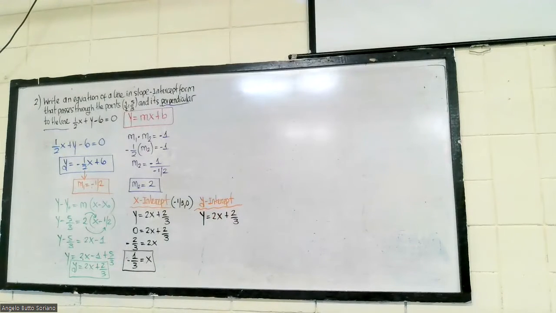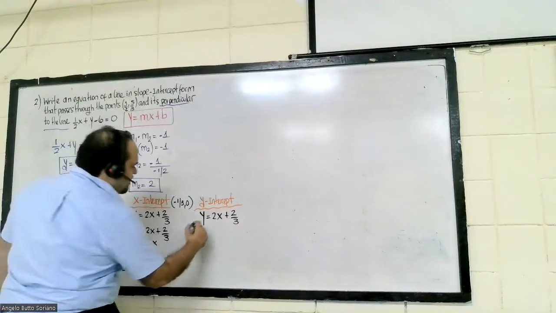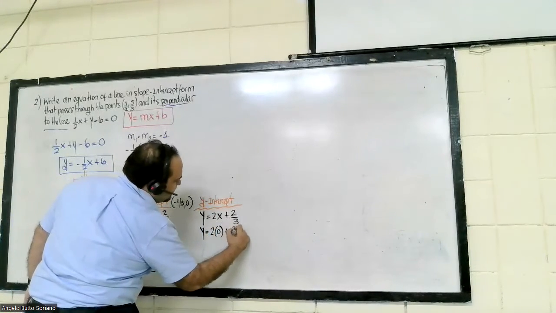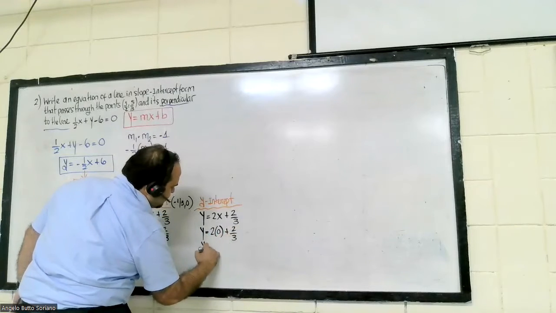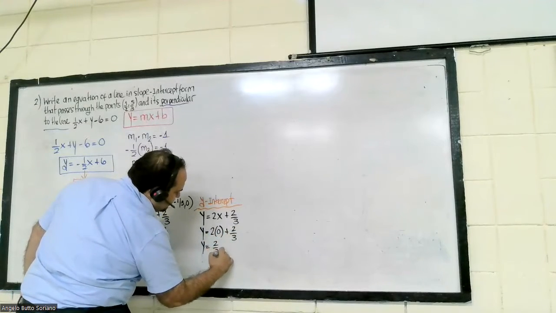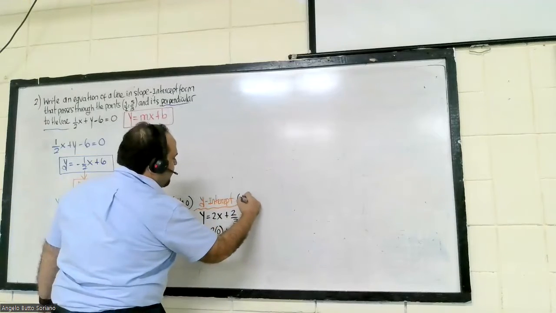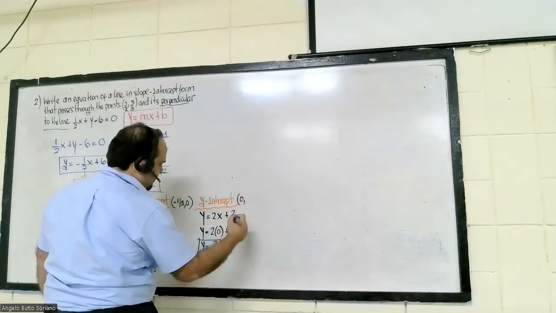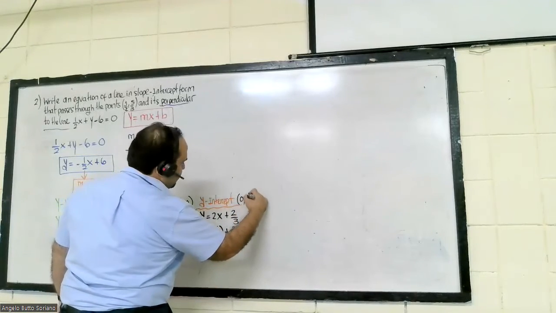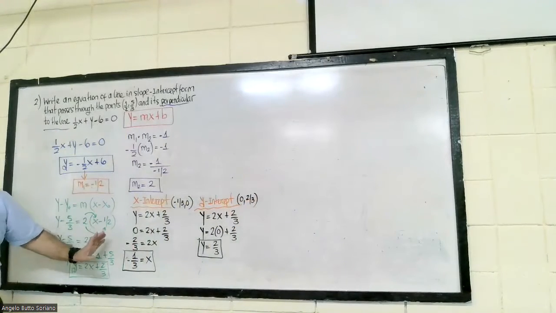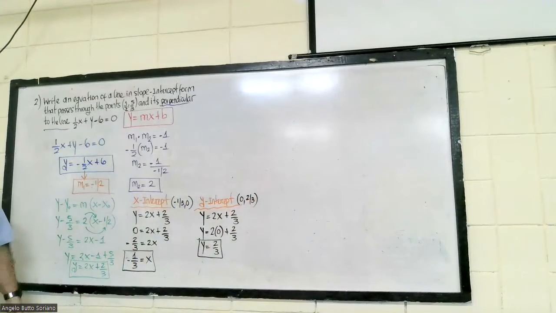We must replace x by 0. So y equals 2 times 0 plus 2/3. So the answer will be 2/3, and the y-intercept will be given by 0 with 2/3. We have that.